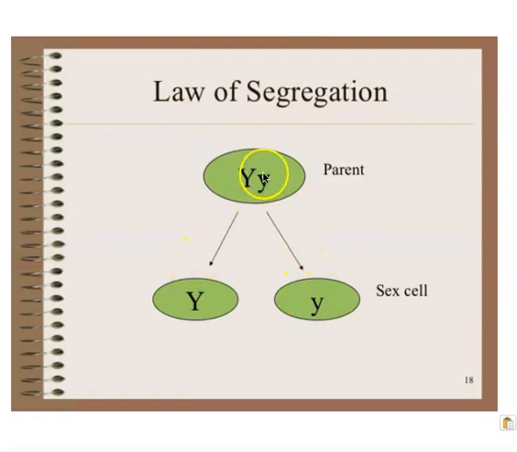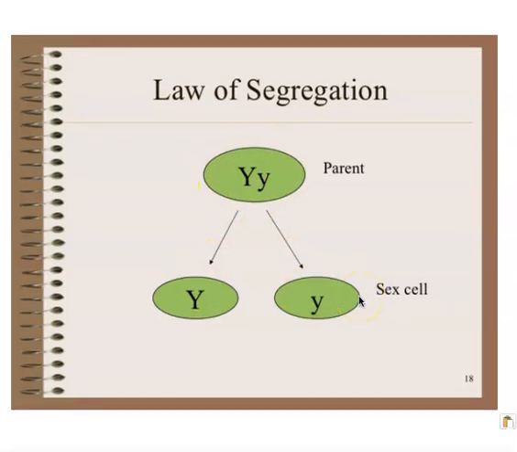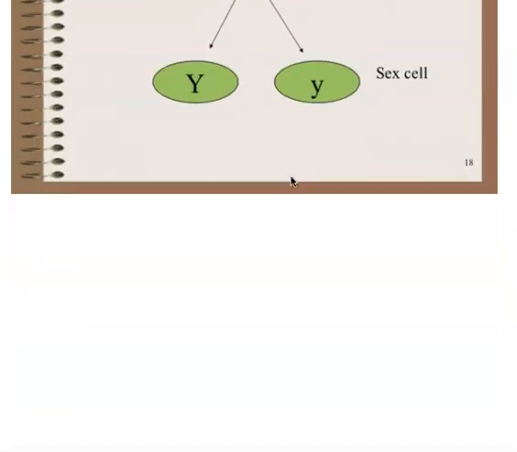And maybe it could be vice versa. Maybe this sex cell would have gotten the recessive allele and this sex cell gets the dominant allele, but it's randomly separated. So these homologous chromosomes separate randomly, and the alleles for the same trait go to different sex cells. Okay, that's the law of segregation. So again, if you can think about the law of segregation as separation of alleles, then you are good.